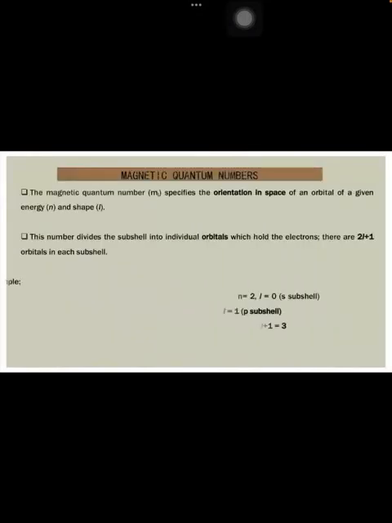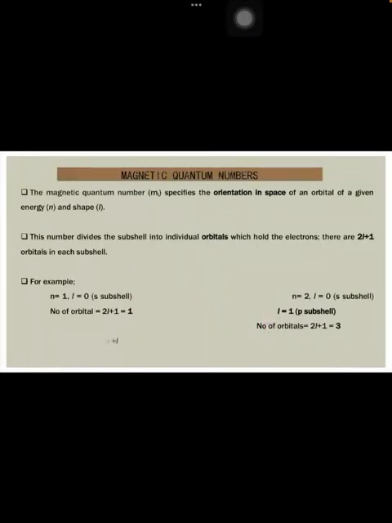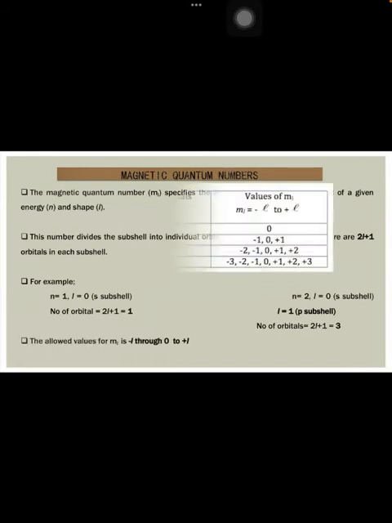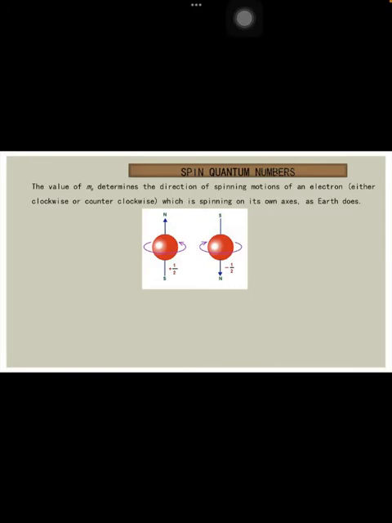So kita tahu elektron ni bukan sekadar berpusing di sekeliling nukleus saja, tetapi the direction of spinning motion of an electron is either clockwise or counterclockwise, which is spinning on its own axis. Dia berpusing mengelilingi nukleus, pada masa yang sama pada paksi dia tu dia pun ada rotation, ada pusingan, spinning motion namanya.